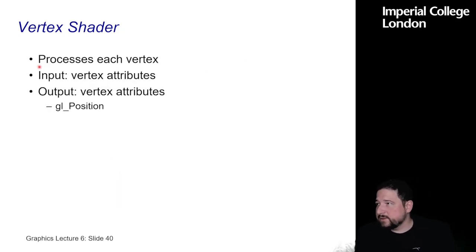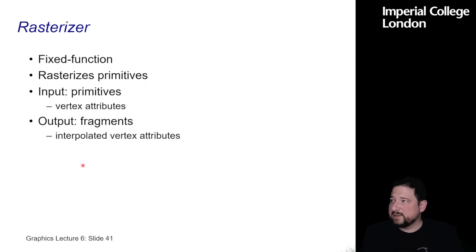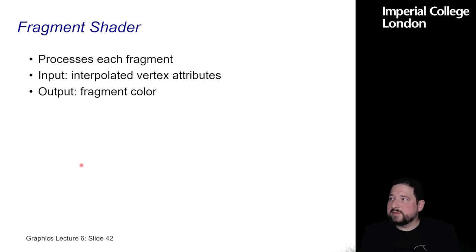So the vertex shader processes each vertex, and I've already mentioned that many times, that the vertex shader is processing vertices in the range of millions, and the rasterizer produces fragments, and the fragment shader really processes all the fragments, which is in the range of probably billions.